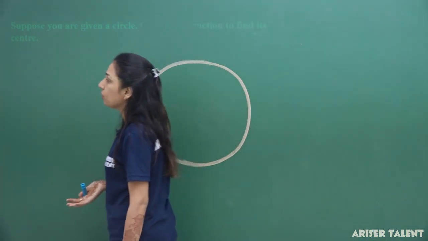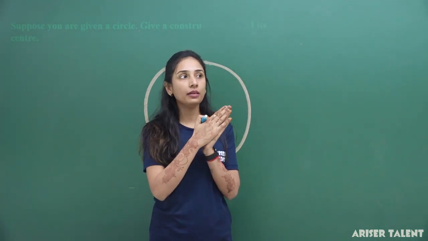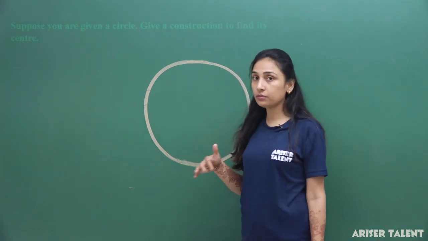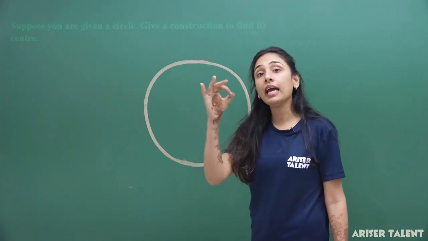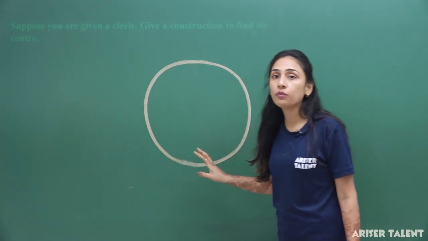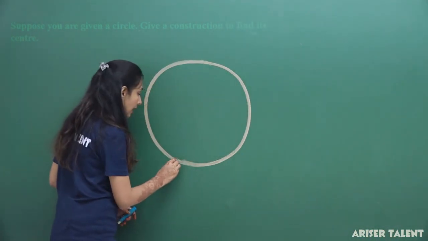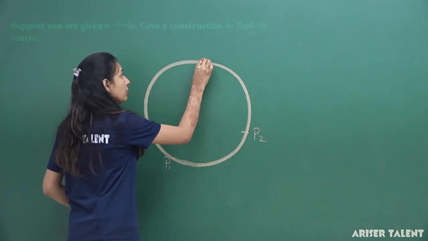Now if you go back to the lecture, I guess 1 or 2 lectures before this one, I told you about the construction of a circle by 3 given points. Here we are not having any 3 points, but I told you that if you are not provided with 3 points, you can take any 3 points on the circumference or perimeter of the circle. So here are my 3 points: this is P1, this is P2 and maybe this is P3.